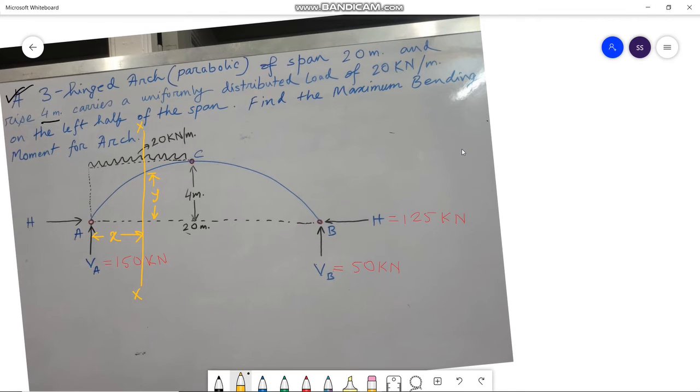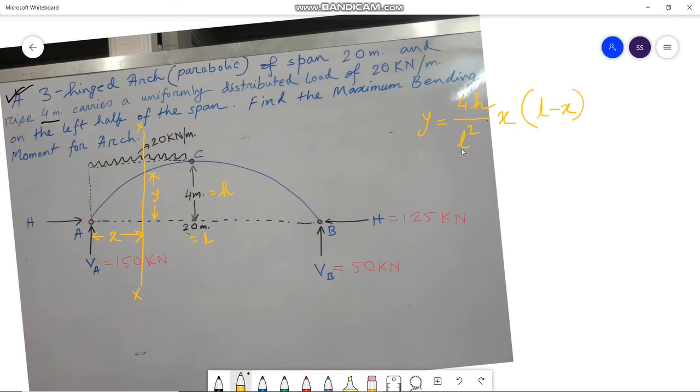So from the property of parabola, we have Y equals to 4h by L square into x into (L minus x), where h equals to 4 meter, that is the central rise, and L is the total span of the arch.